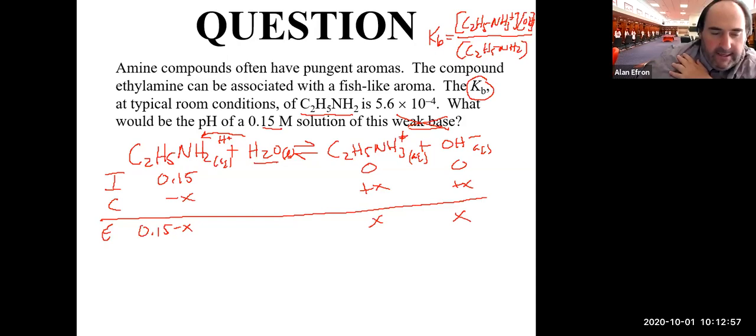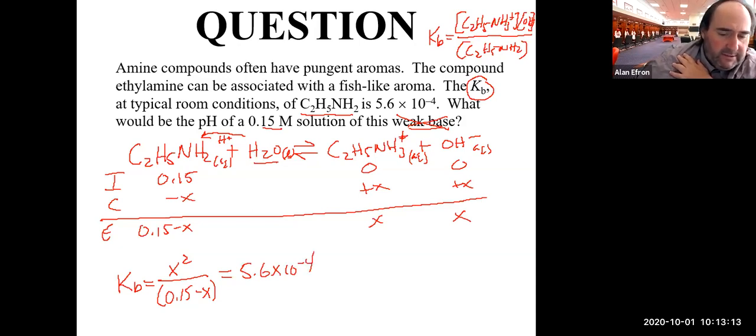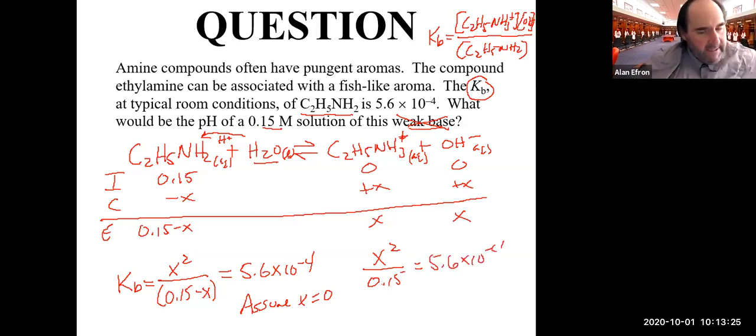Okay, so again here, we're going to then put this into our KB expression. So that's ultimately going to give us x squared divided by 0.15 minus x. And that's going to equal our KB value that was given to us, 5.6 times 10 to the minus 4. We could assume x is equal to 0 in the denominator, and if you do, you get x squared divided by 0.15 equals 5.6 times 10 to the minus 4.